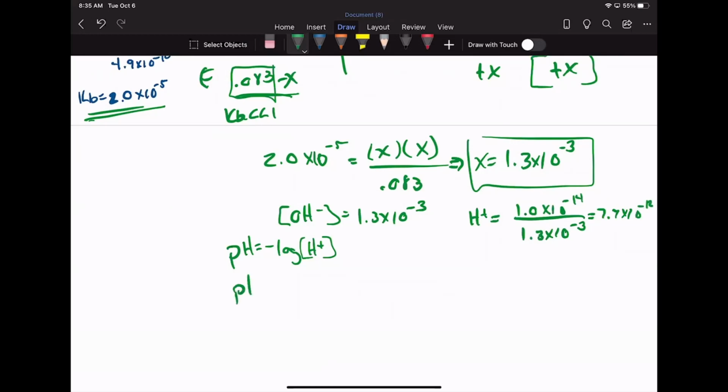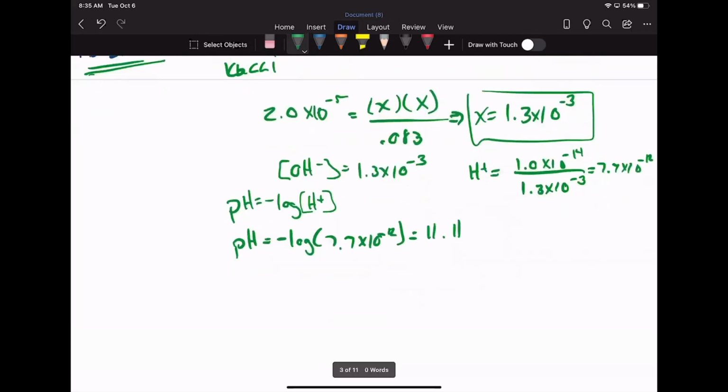Then pH is equal to the negative log of 7.7 times 10 to the minus 12. I got 11.11. So our pH is 11.11.